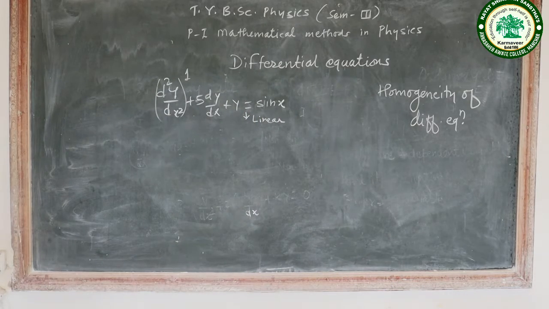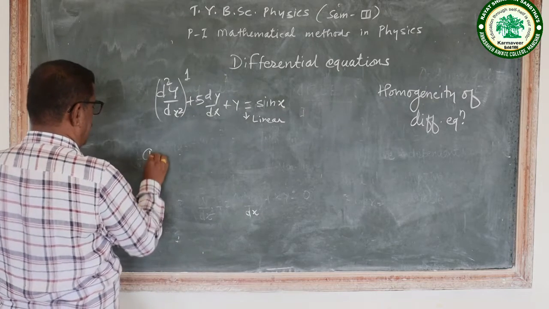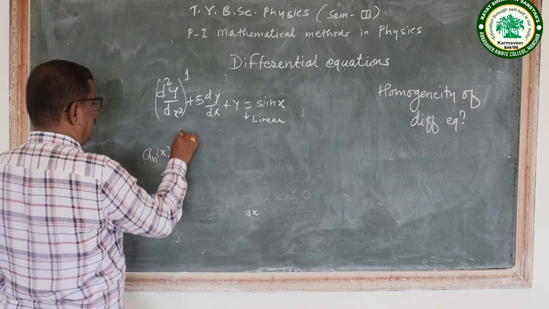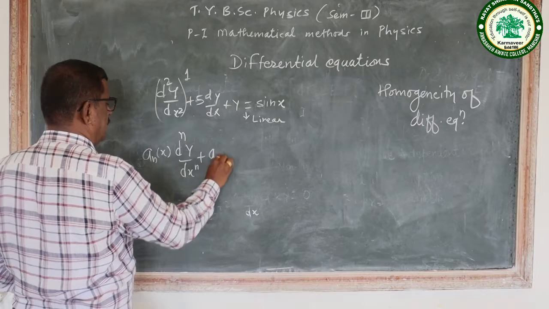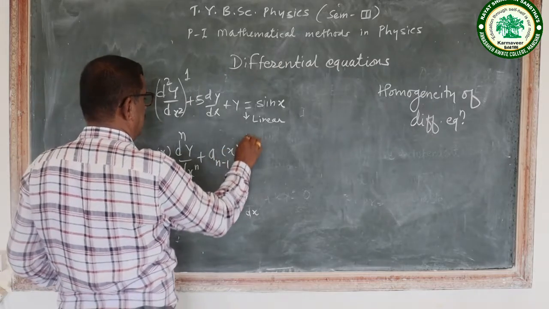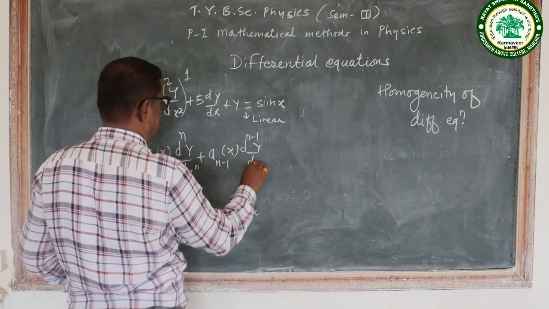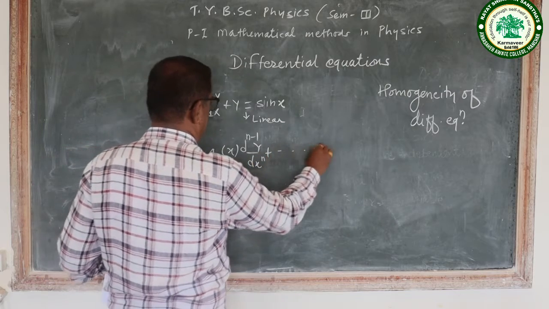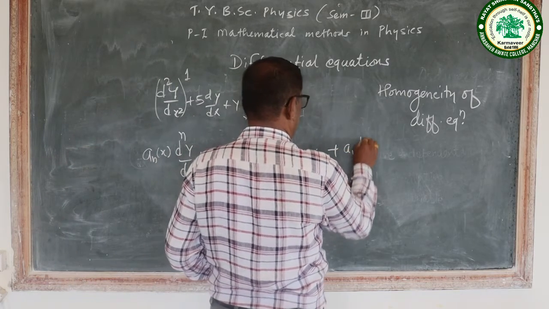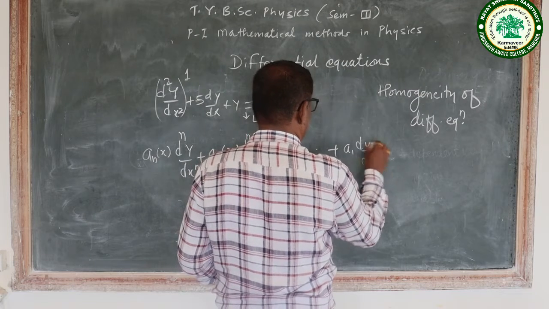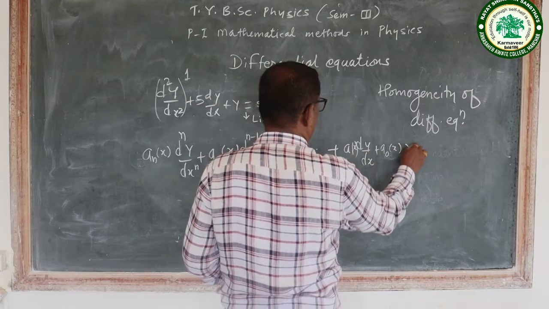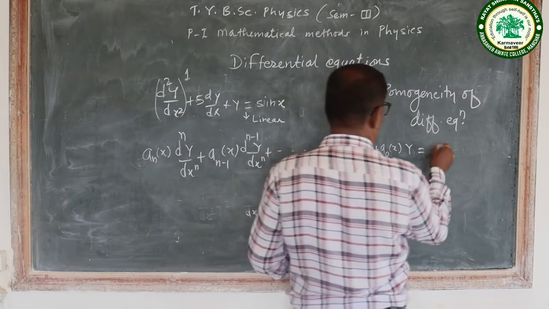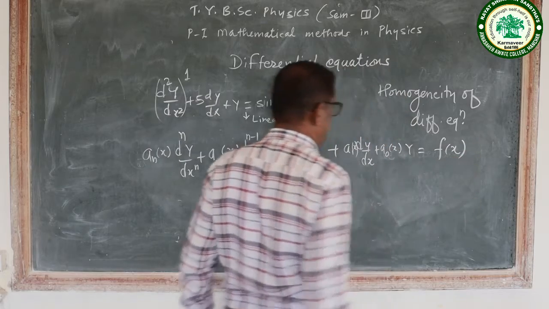Here we write the form of a homogeneous differential equation as a n of x d raised to n y divided by dx raised to n, plus a n minus 1 of x d raised to n minus 1 y by dx raised to n minus 1, plus dot dot, a1 of x dy by dx, plus a0 of x into y, equal to f of x.